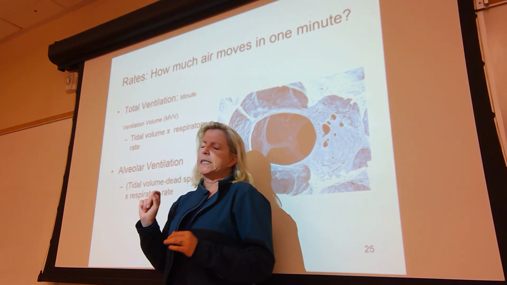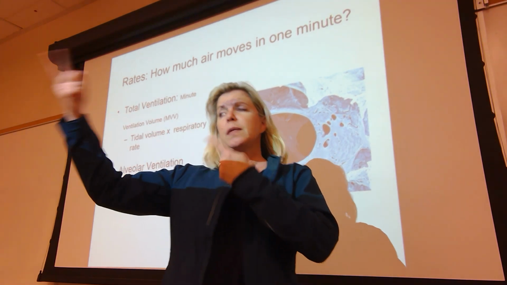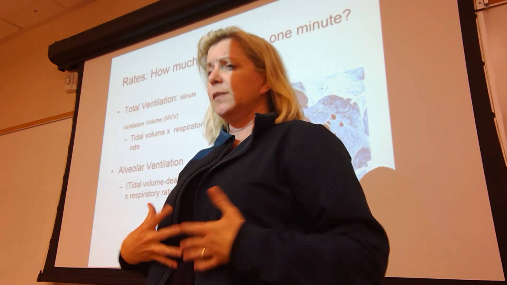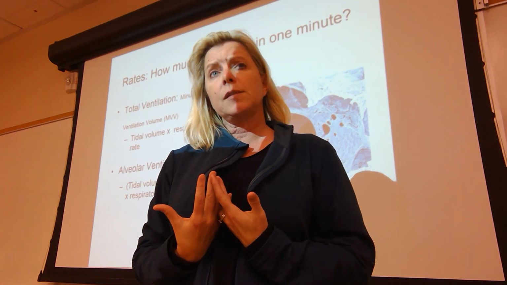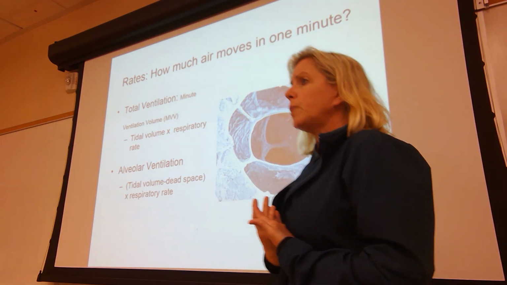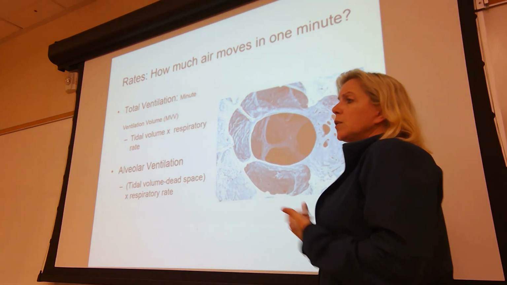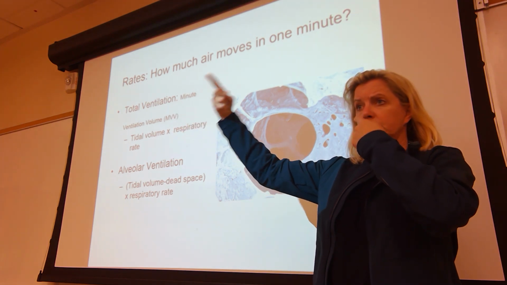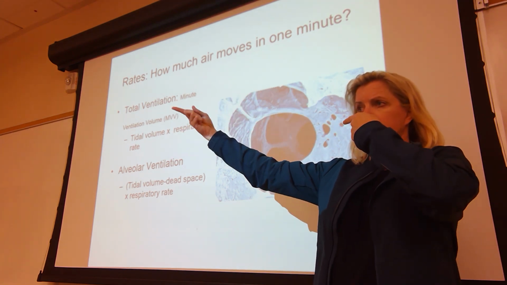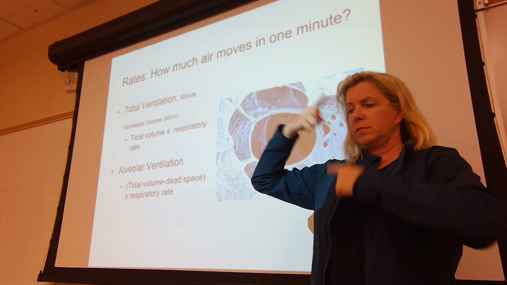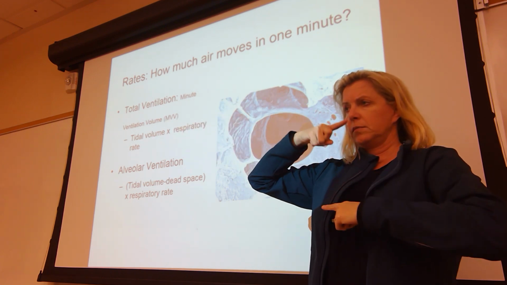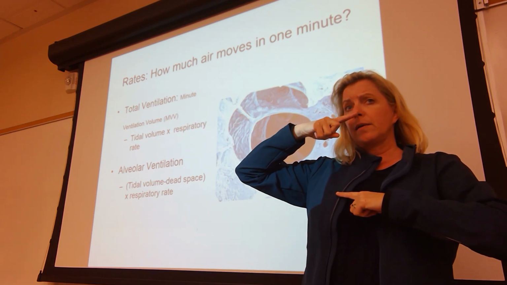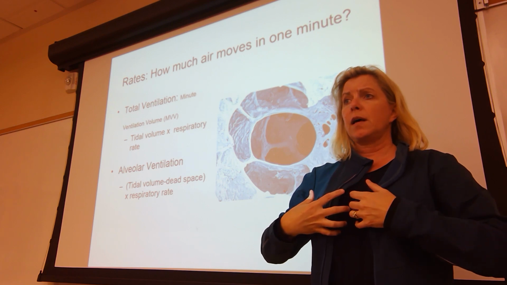Alveolar ventilation is now how much air that you breathe in and out actually gets to the areas where you can have gas exchange, down into the respiratory zone. So as you see this 500 milliliters that I'm about to breathe in, watch. Not all of this air gets down into my alveoli.